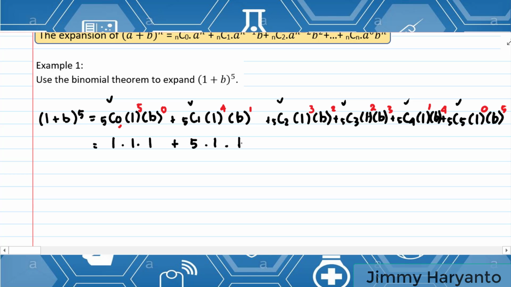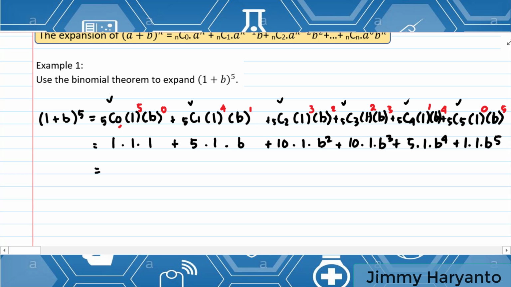This is 1. b to the power of 1 is b. This one is 10, this is 1 and b squared, and then 10, 1 and b cubed, then 5, 1 and b^4, then 1, 1 and b^5.